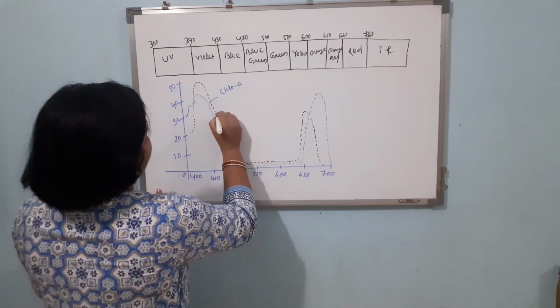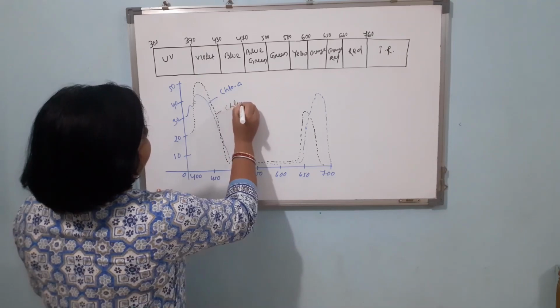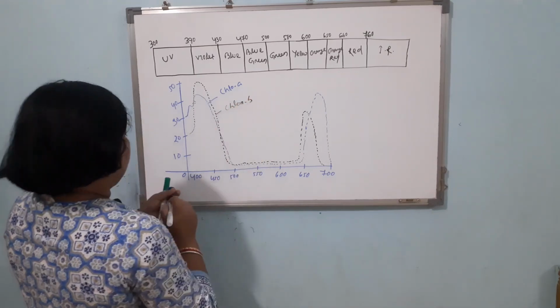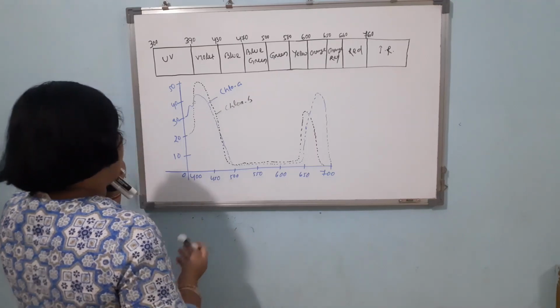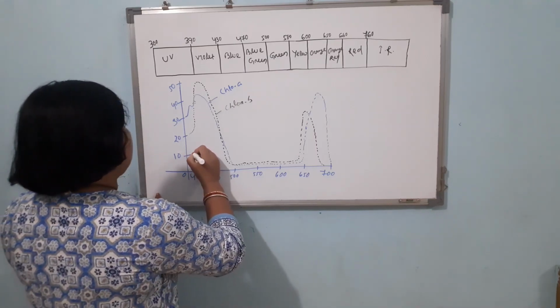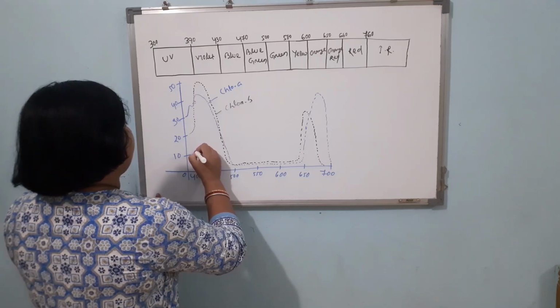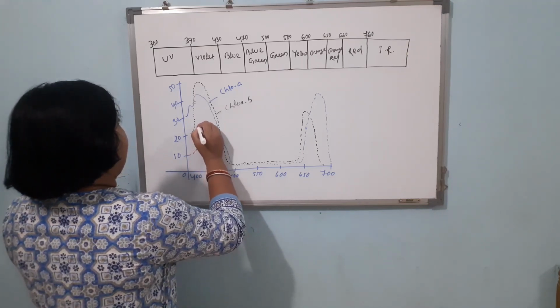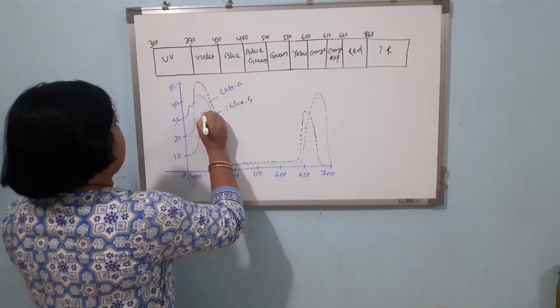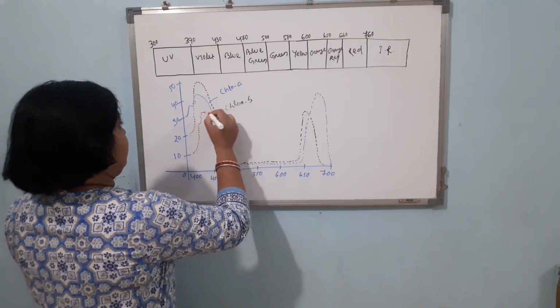Similarly, another pigment, carotenoid, also helps to absorb light for the photosynthesis process.